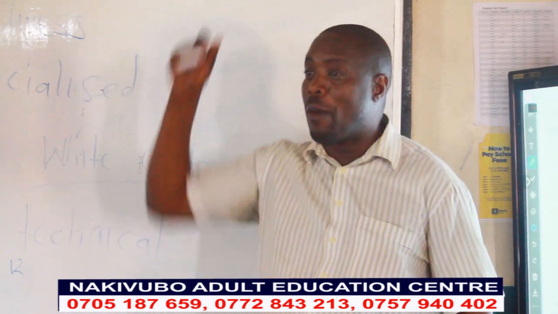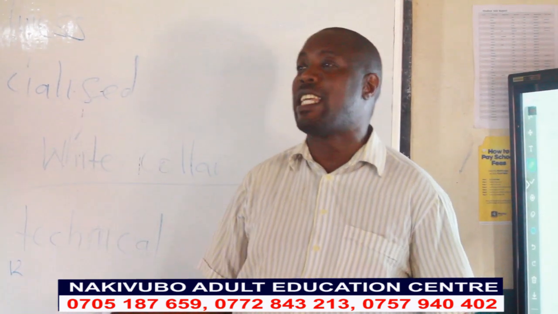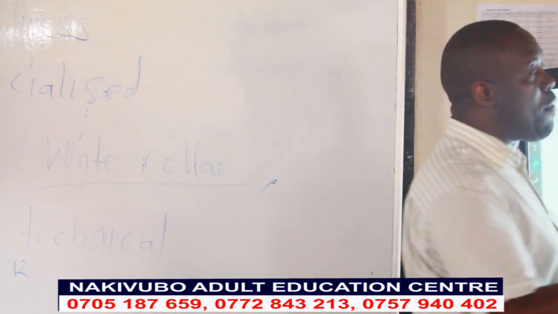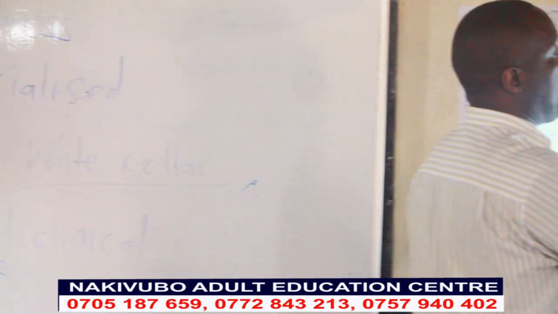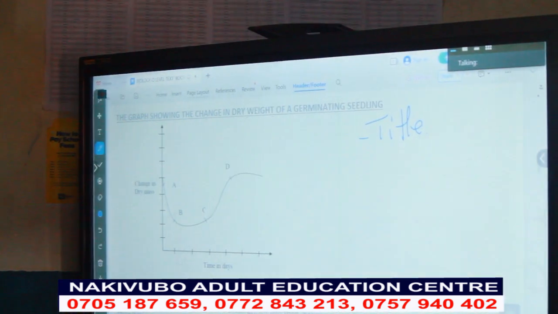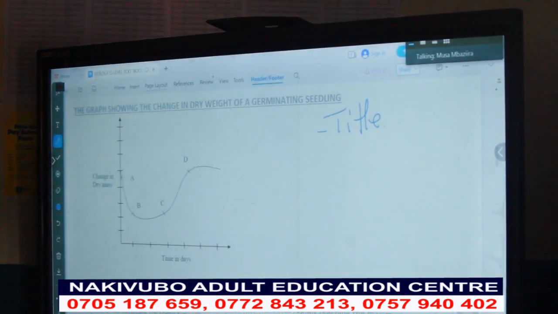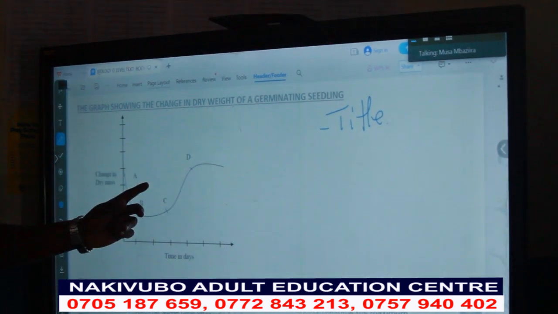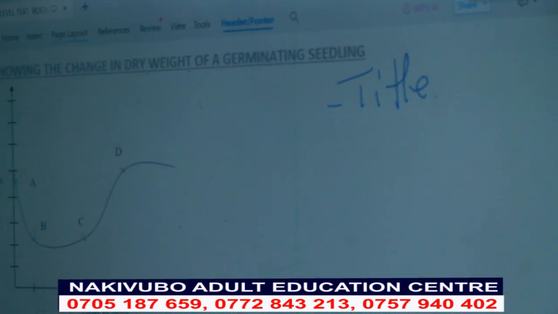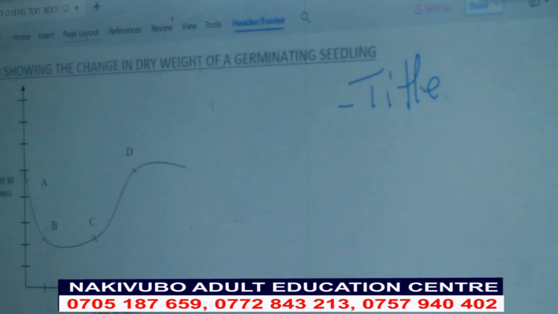Graph, yes, mathematics, physics, history, geography. So a graph must have a title. In this paper, that number, they might give you a question and you're supposed to draw the graph.